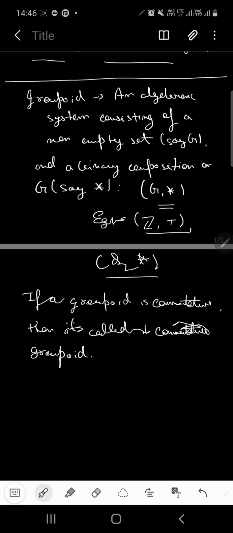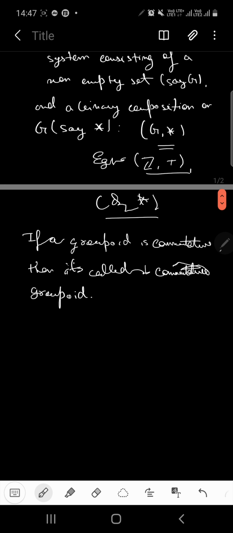And if the groupoid is non-commutative, then it is known as a non-commutative groupoid. As simple as that.